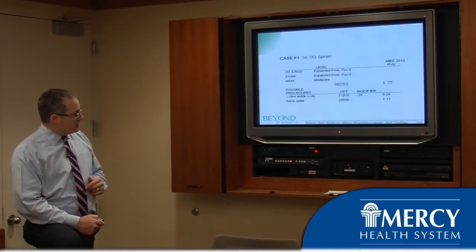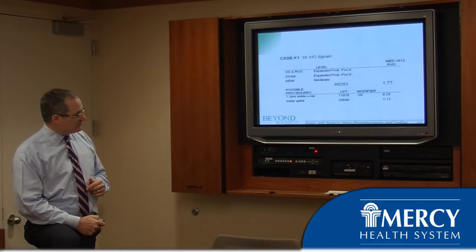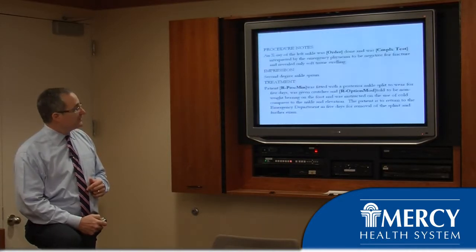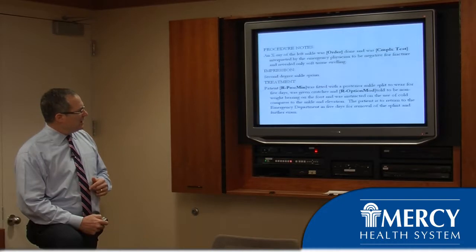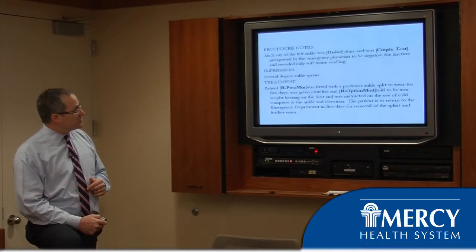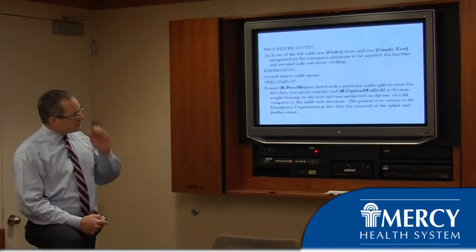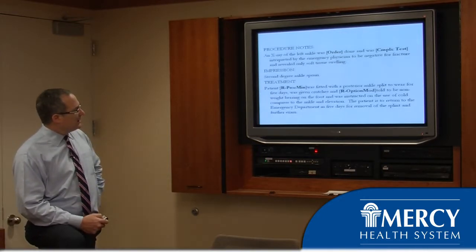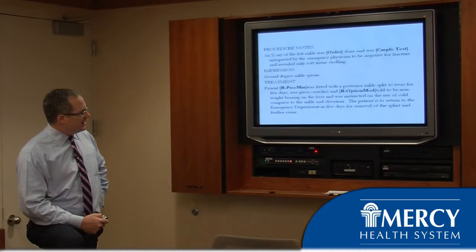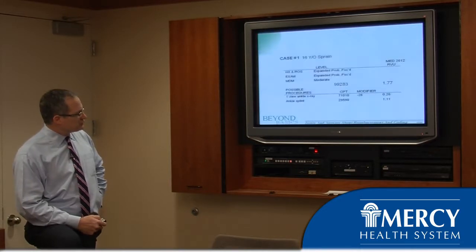Coding options: could I have coded for the x-ray, possible procedures? No, I would not have, because the x-ray, I'm sorry, yes, I could have, because the x-ray is described here for 2 components, negative for fracture and positive for soft tissue swelling. So that would be enough documentation that if I was going to bill for the x-ray separately, it would be allowable.